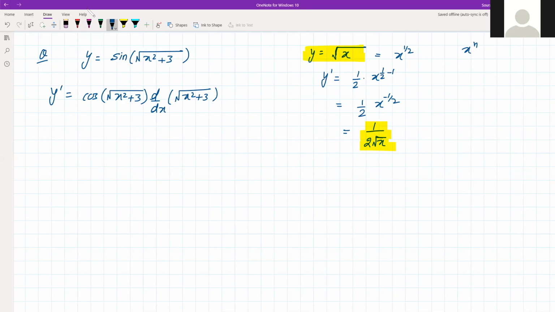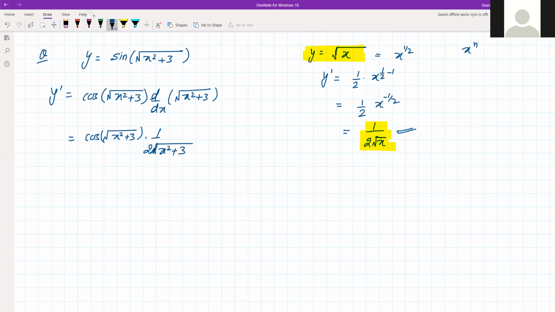Now in the second step, we do the same thing. First, you write as it is the outermost function's differentiation. Next, we have dy by dx of this root function, and the differentiation of root function is 1 by 2 root x square plus 3.